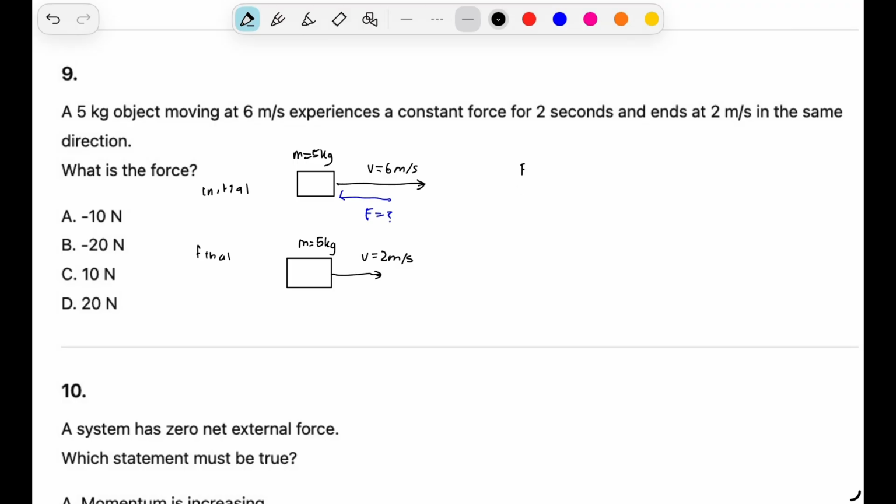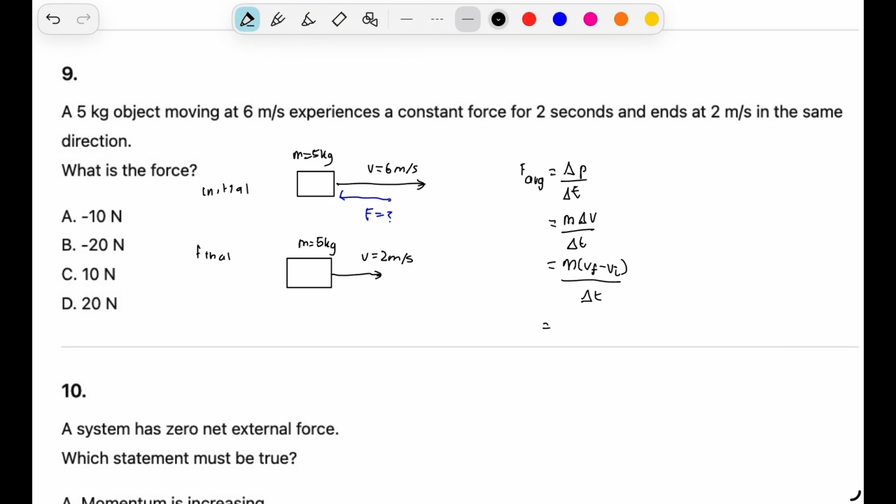So we know the force is equal to change in P over change in time. That's equal to m change in v over change in time, and that is equal to m times vf minus v initial over change in time.